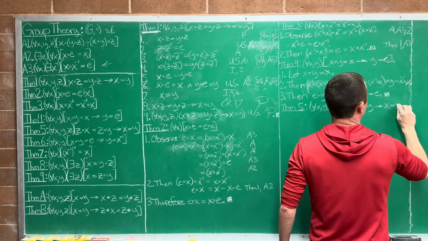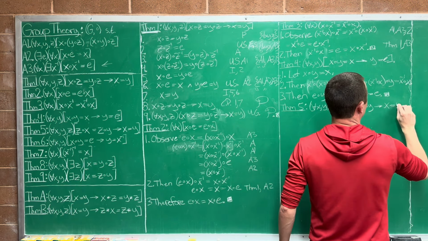I've been super lazy in Theorem 2, 3, and 4. I'm going to give a more full informal proof this time. So here's how we should actually write this out.